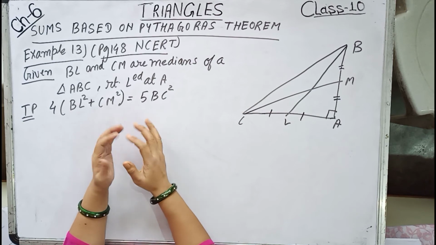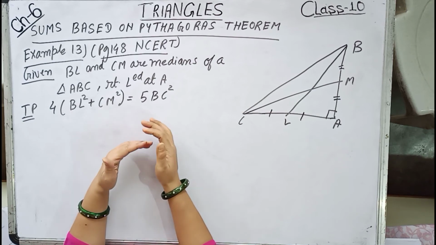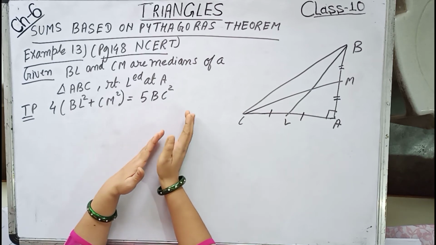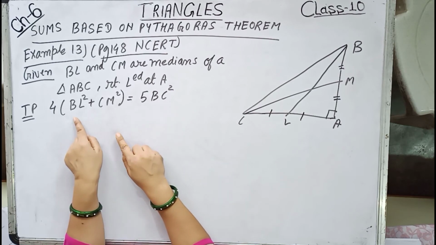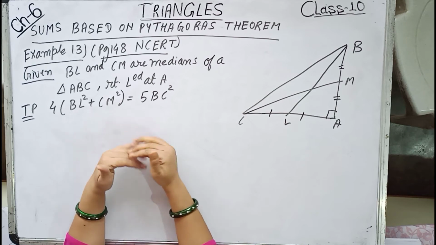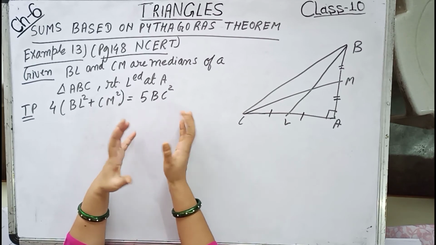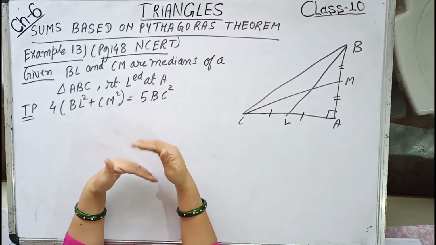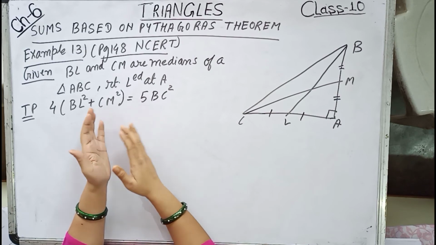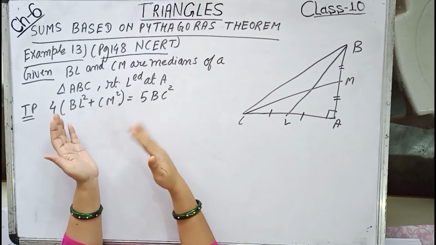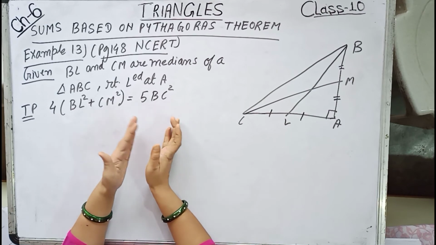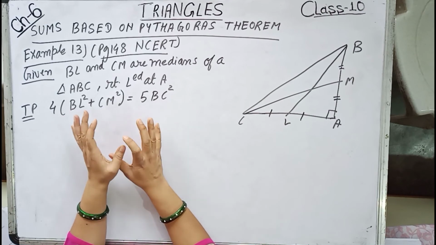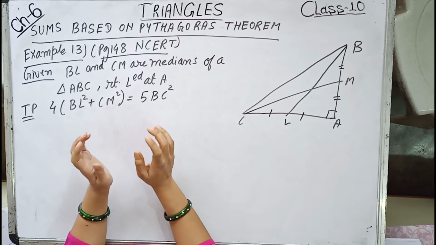The trick or strategy of solving sums based on Pythagoras theorem is that you start by LHS or RHS, see what is there that we have to bring, and what else is coming. Step by step, using the concept, we have to convert them in terms of the thing which we want.